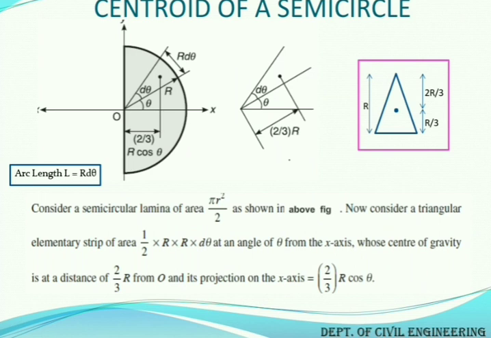Okay, hence the horizontal projection of this distance is nothing but 2 by 3 r into cos theta. Always remember, for any inclined line, or say hypotenuse of a triangle, if you want to find the horizontal projection, it is cos of the angle, cos theta, multiplied by the length of that inclined line or the hypotenuse.